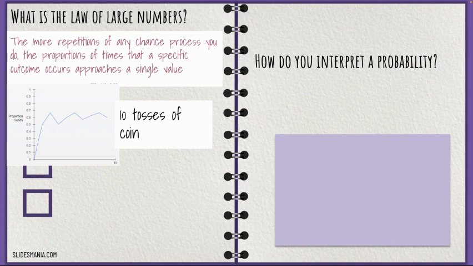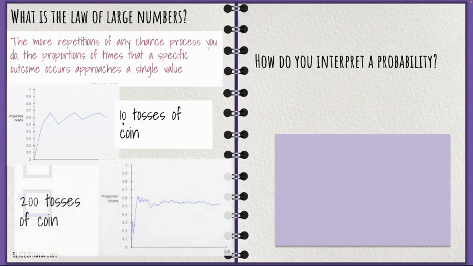If you toss it 10 times, you should get close to 5, but definitely not exactly 5, except when you do this many, many times. So let's say you do 200 tosses. See how the proportion gets closer to that half? It's close, close, close. There it is. Look, it's right around the half mark, which is our theoretical.